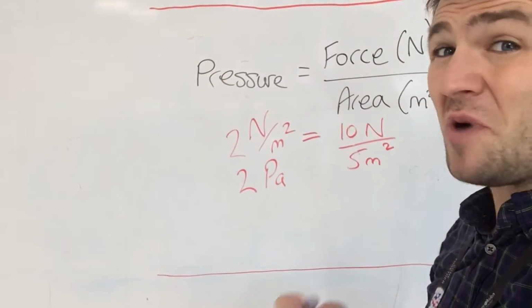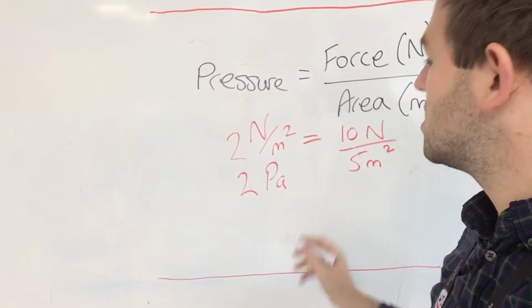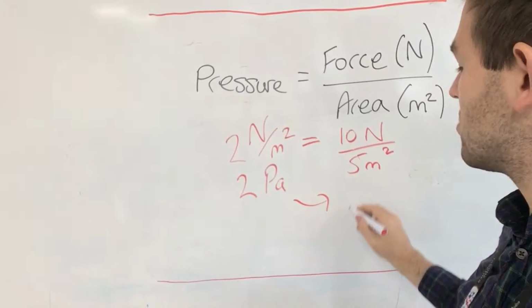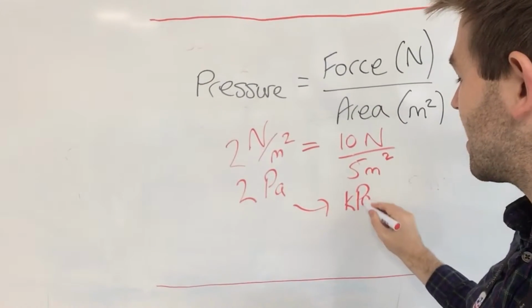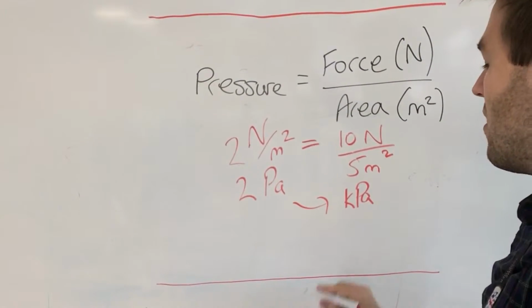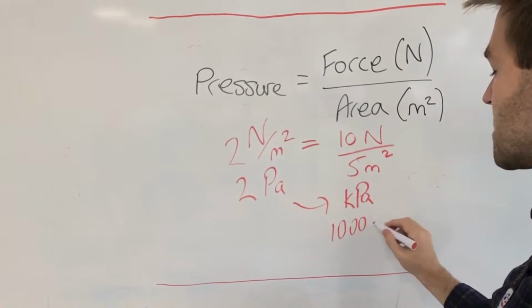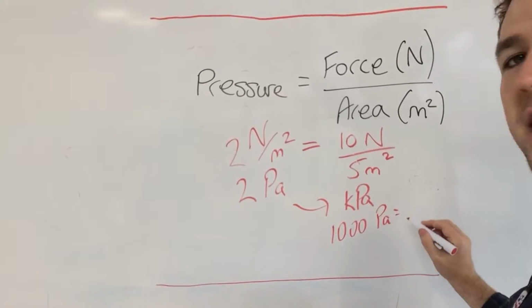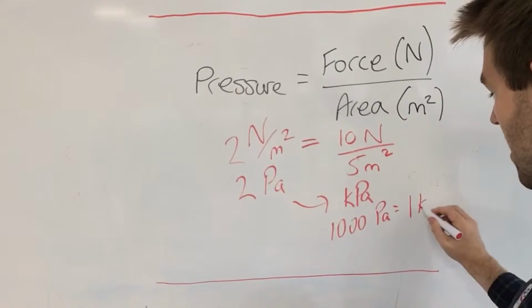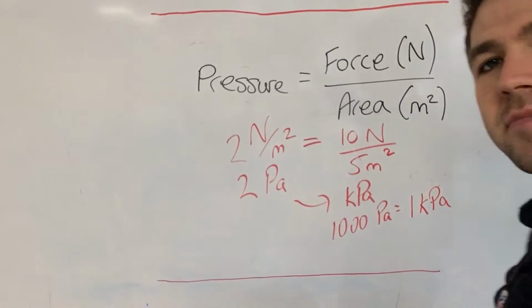Usually pascals are quite a small unit. Often in society we will talk instead about kilopascals. Remember that 1,000 pascals would then equal 1 kilopascal.